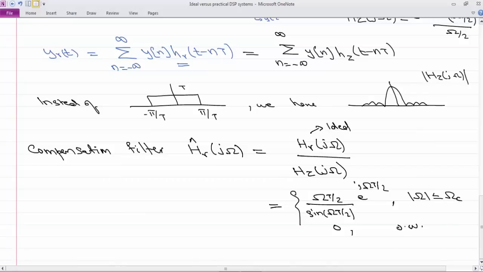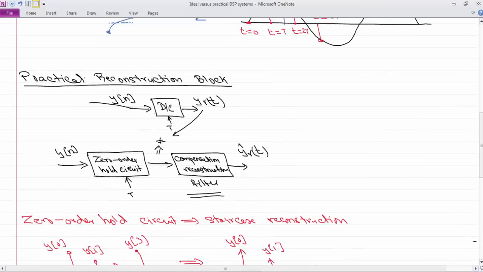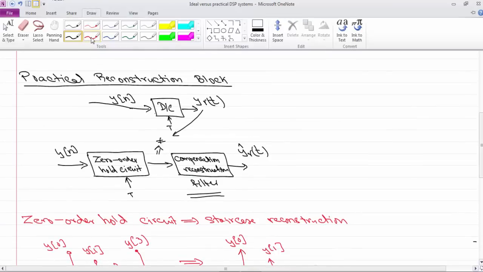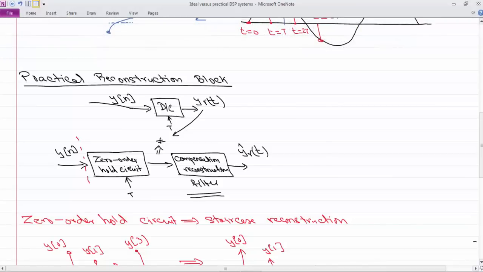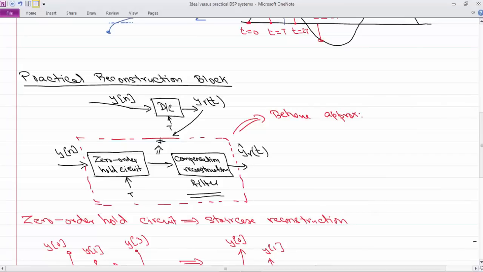So the idea is they're just trying to invert the effects of this non-ideal reconstruction filter, so that together, this whole block, the non-ideal reconstruction filter and the compensation filter, should behave approximately as an ideal reconstruction filter.